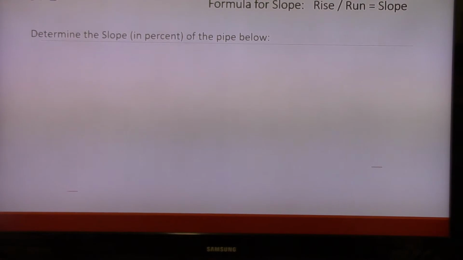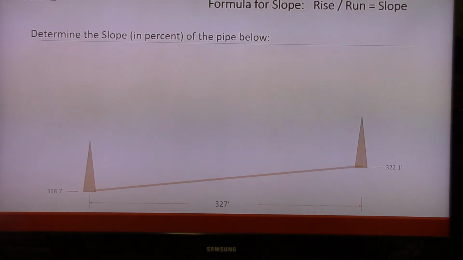The formula here is the rise divided by the run. Let me repeat that. The formula is the rise divided by the run. On the top, it shows the vertical difference. On the bottom, it shows the horizontal.